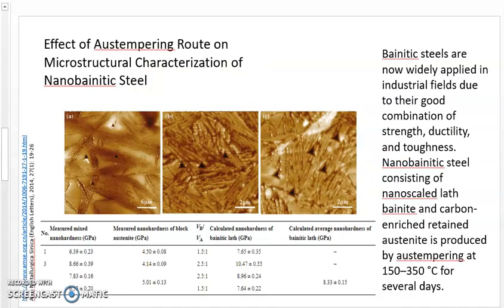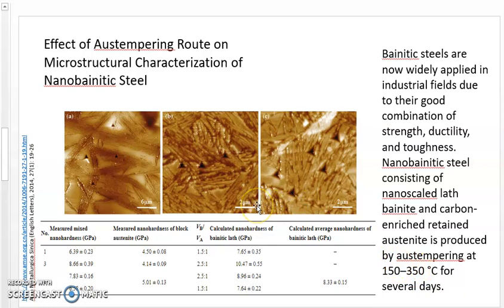This is an example of how also in thermal treatments we can use nanomaterials. For example, here bainite, that is a mixture of martensite and perlite, is developed after several days of annealing at this temperature. Look, that is close to the austempering region.